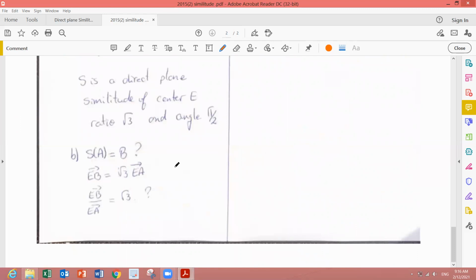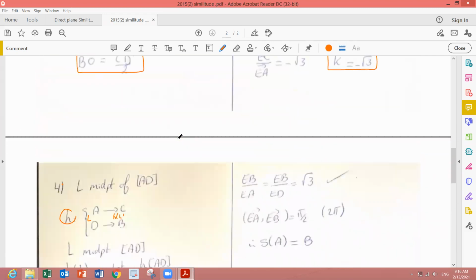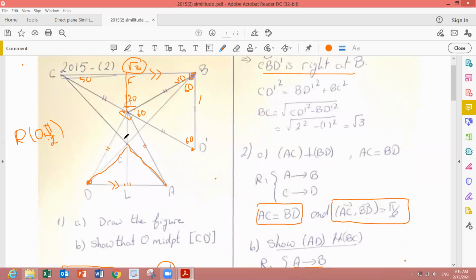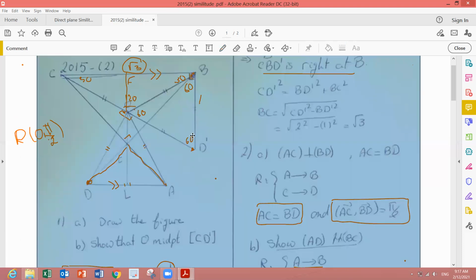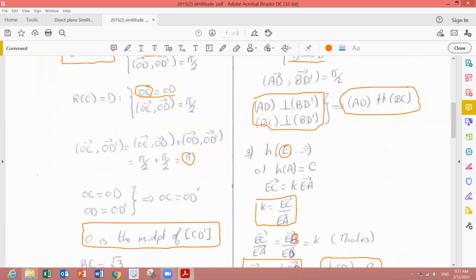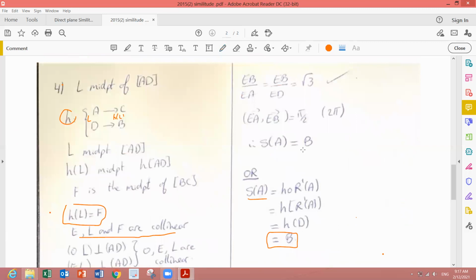We have proved that they are perpendicular, and this is 90. We proved it before. Here you see AC perpendicular to BD. Okay. Now we still have to prove that the ratio is equal to radical 3.